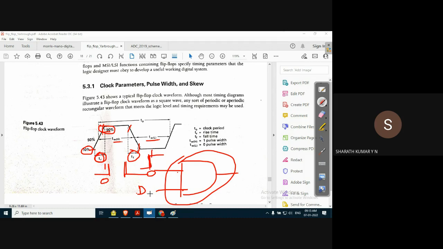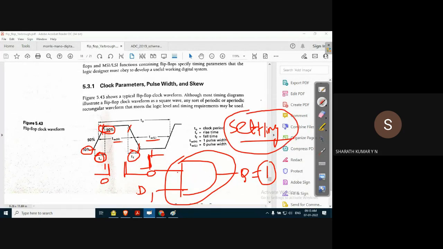Let us say D is also 1. For output Q to change to 1, it takes some time. That is called the settling time, because it takes some time for the input to settle. Once the data settles, hold time means it remains constant. So it's a steady state.